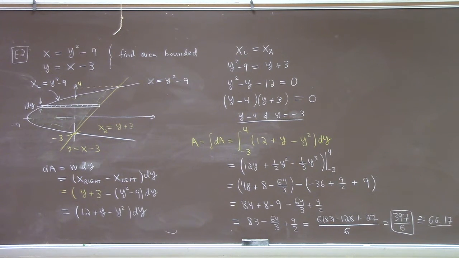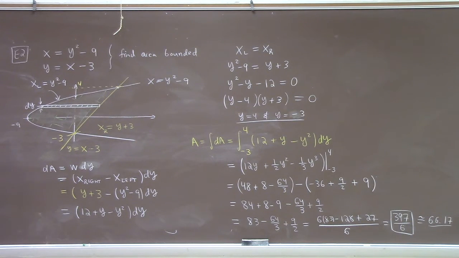The top and the bottom for this piece are different than for that piece. So in general you'd have to break it up into an integral for each piece, because the setup for the dA is different in the different regions. Sometimes that can't be avoided.